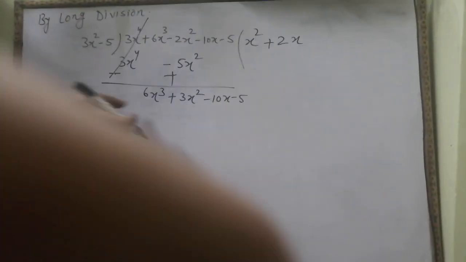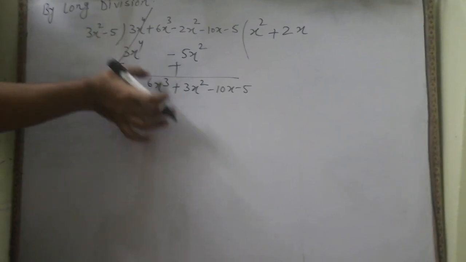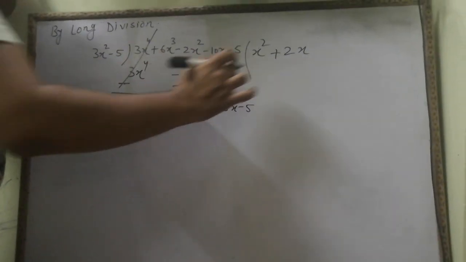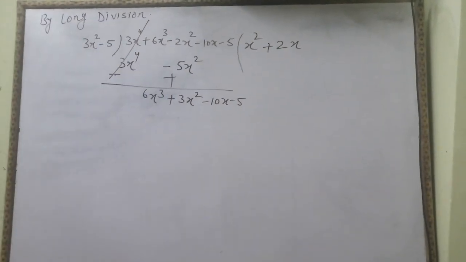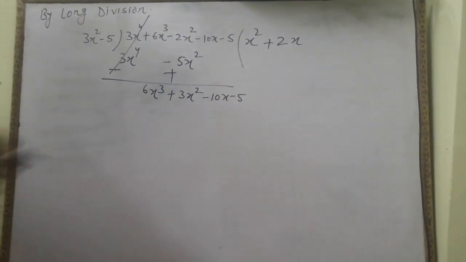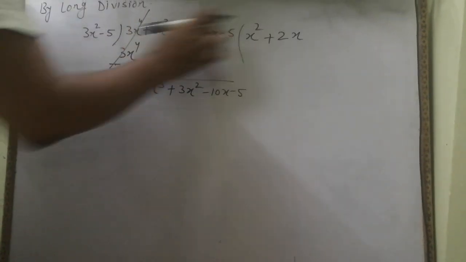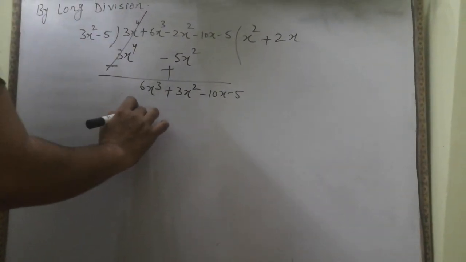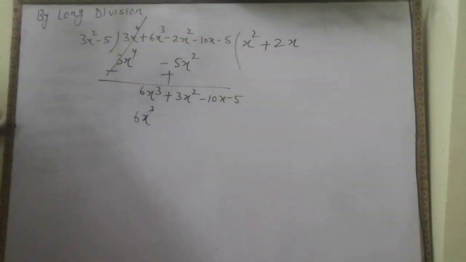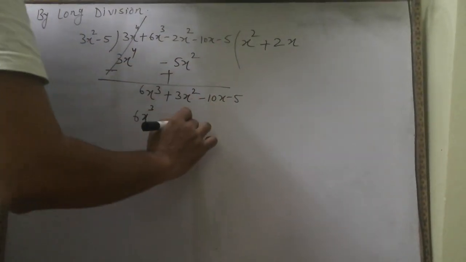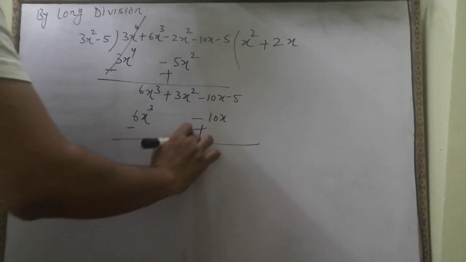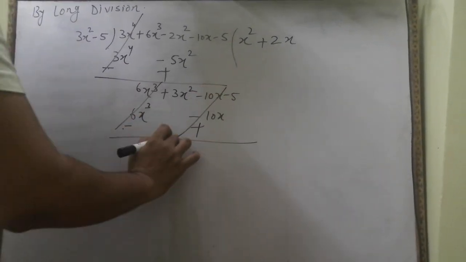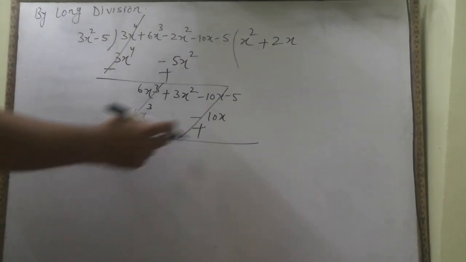As you know, here x to the power 3, here x to the power 2, 3 minus 2 is 1, so we do not write the power 1, just write 2x. Multiply this, 2x into 3x square, it will be 6x to the power 3, minus 5 into 2, minus 10x. Now minus plus cancel out, plus minus always cancel out.